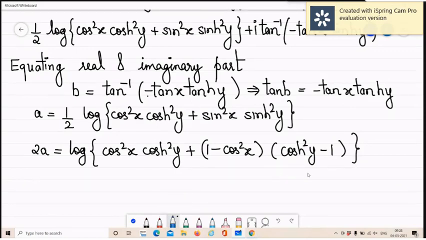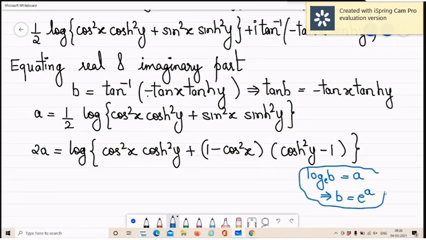Now I know a relation. What is the relation I have? If I have log b equal to a and the base is e, what can I write it as? B equal to e raised to a.